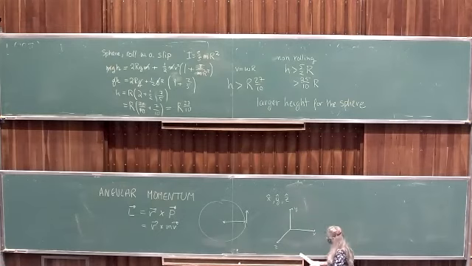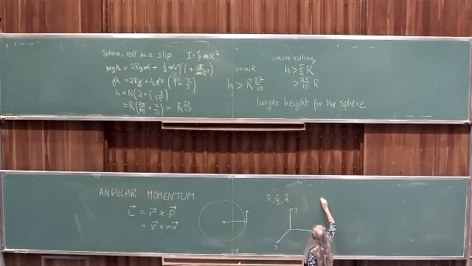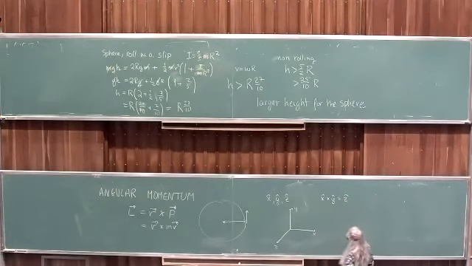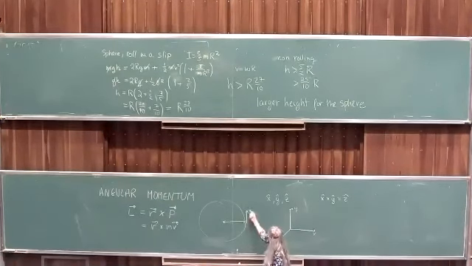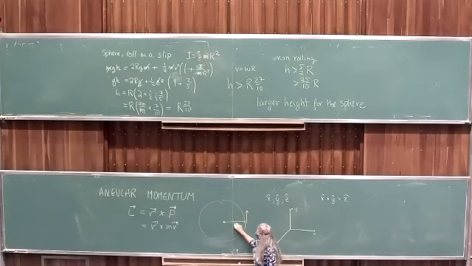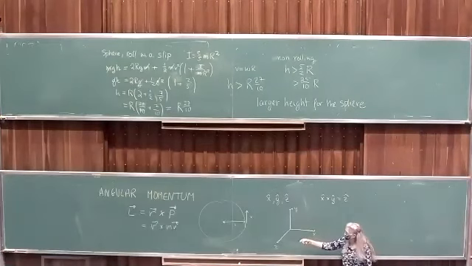It's handy to just remember that things go cyclically. x hat cross y hat is z hat. That's how I can figure it out. So if r is in the x direction and v is in the y direction, then the angular momentum is in this direction, because I remembered this.